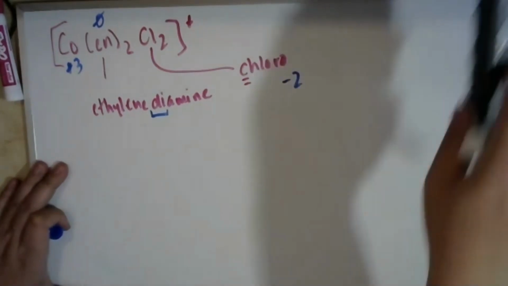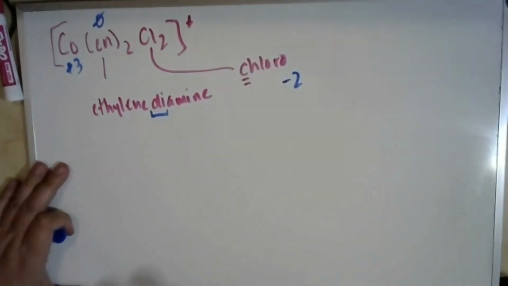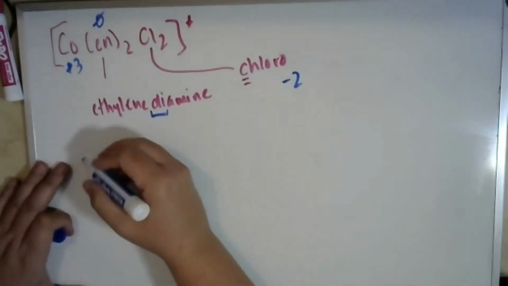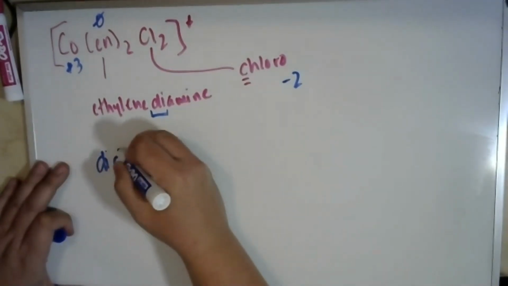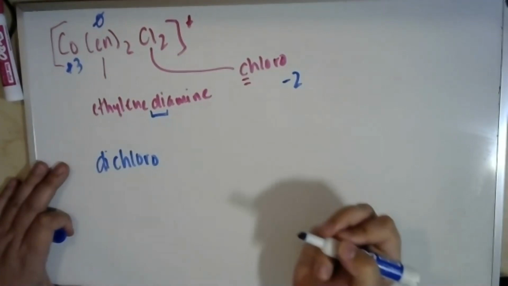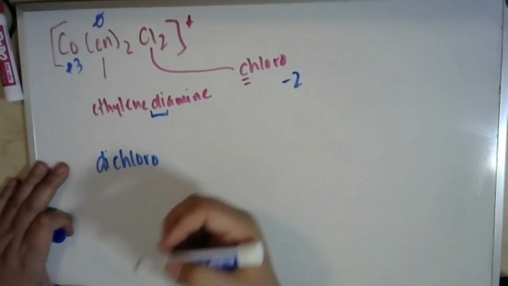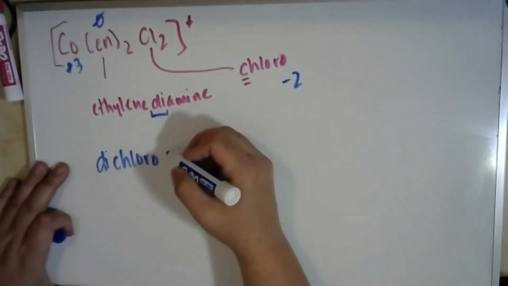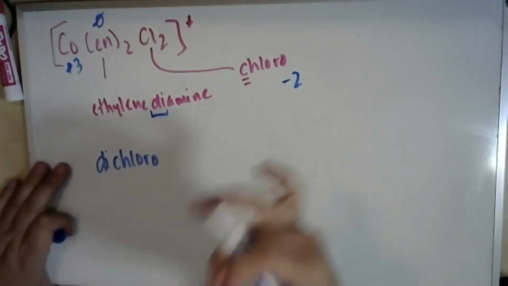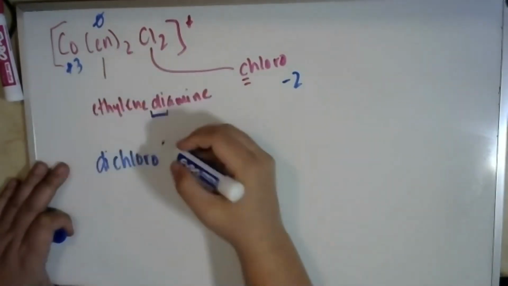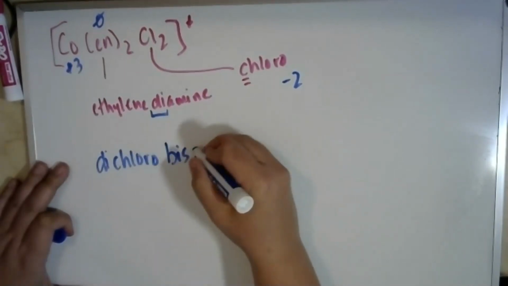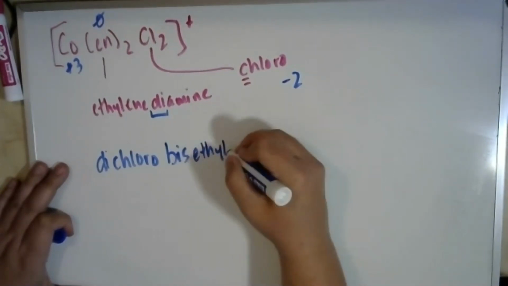So with all that information, we can name our complex ion. We're going to have 2 chlorines, so that's going to be dichloro. And then we're going to have 2 ethylene diamines, and the specialized prefix meaning 2 is bis. So you just put bis in front of ethylene diamine.